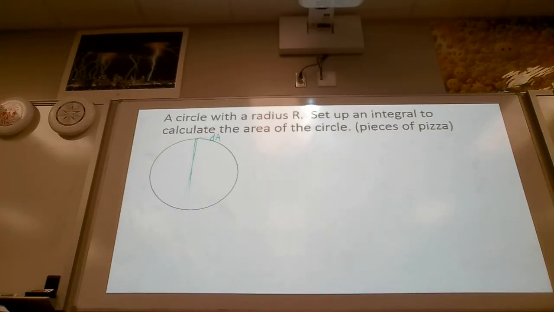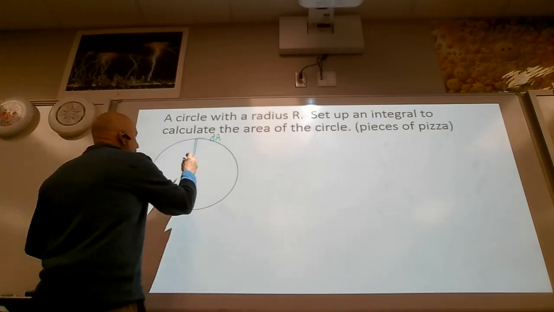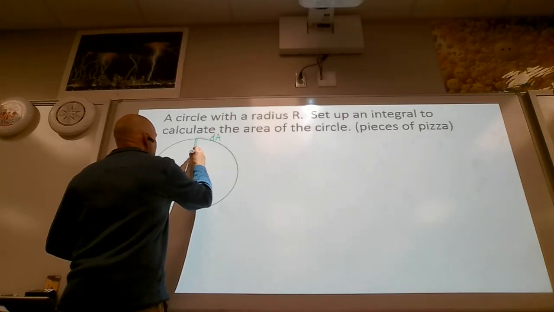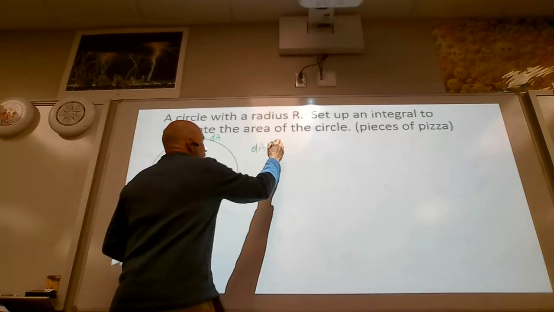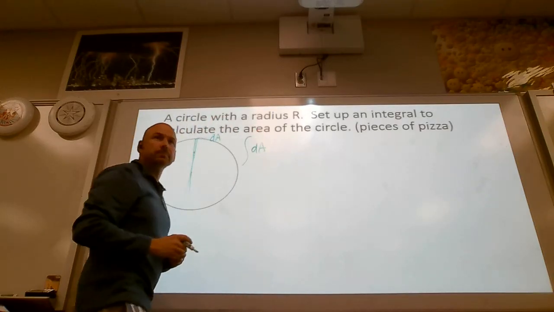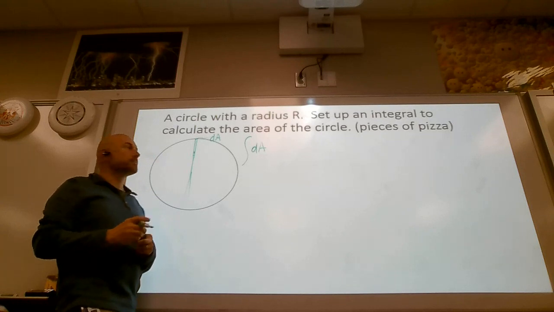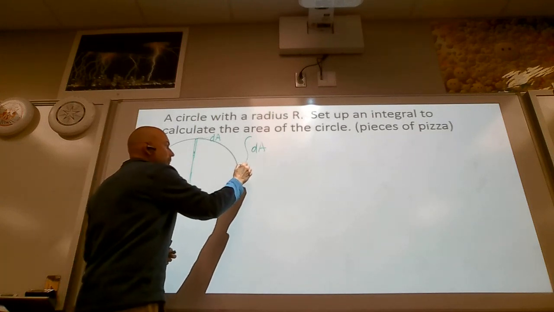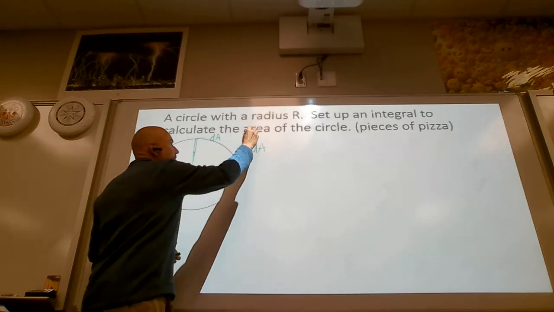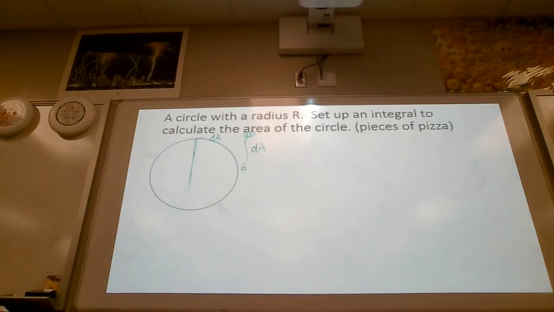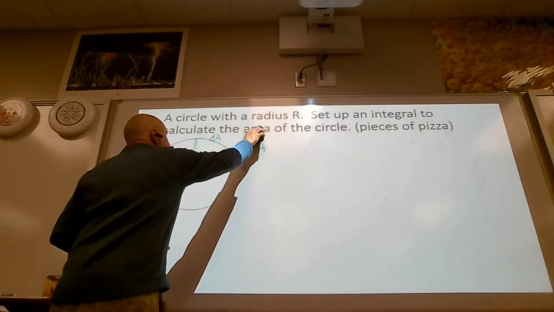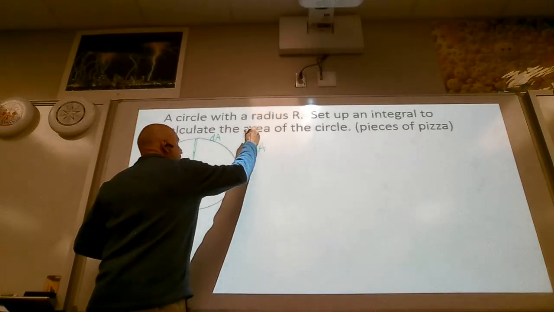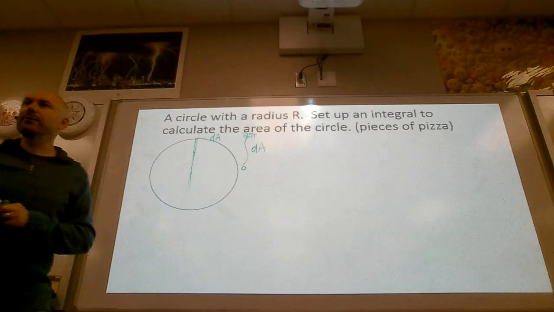To find the area of that, we've got a little, let's see. So I'm going to add that up from 0 to 2 pi. Not 2 theta, 2 pi. Does that make sense?